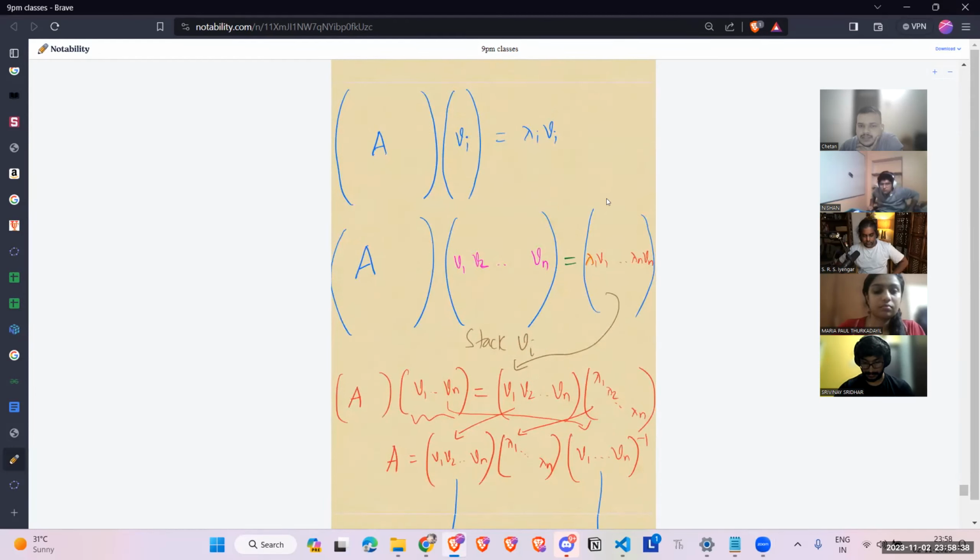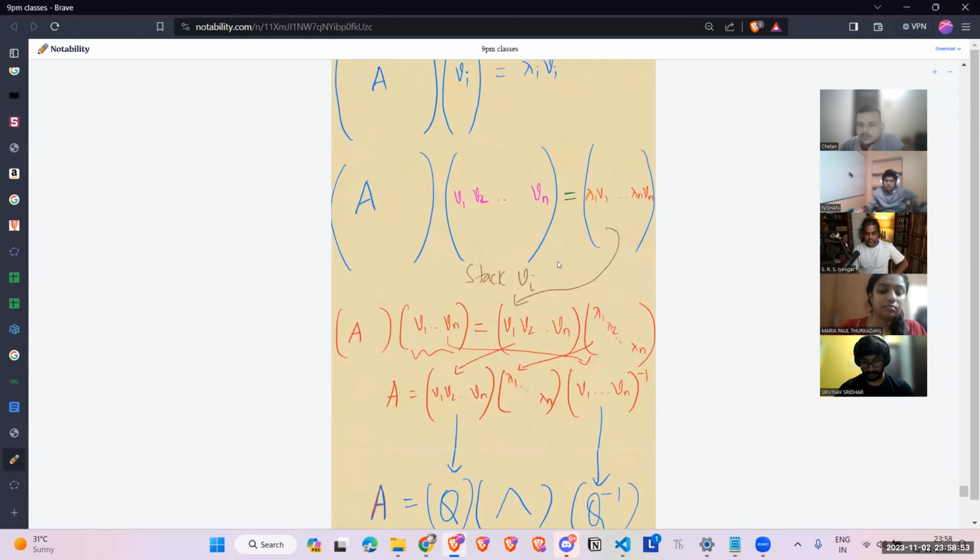We observe that, okay, we have this. Can we simplify it, instead of writing lambda 1 v1, lambda 2 v2, lambda 3 v3? So what we did is we extracted those lambda values, those eigenvalues, from our eigenvectors.